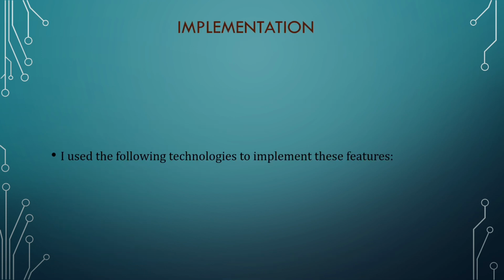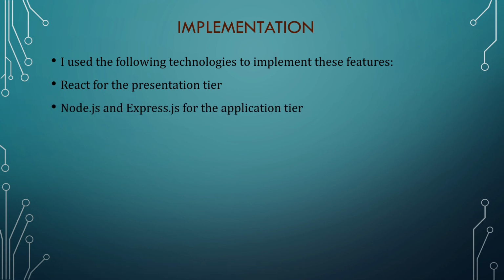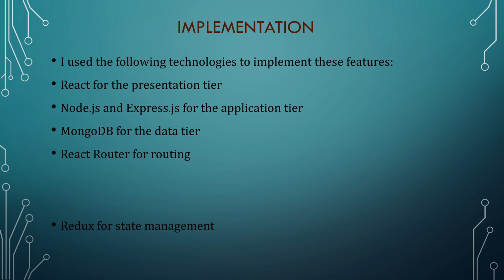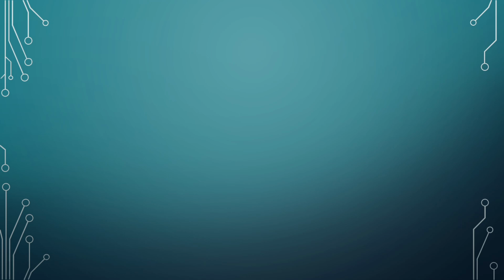Then for implementation, I used the following technology to implement the features. Firstly, React for the presentation tier, Node.js and Express.js for the application tier, MongoDB for the data tier, React Router for routing, Redux for state management, and Mongoose for object document mapping.